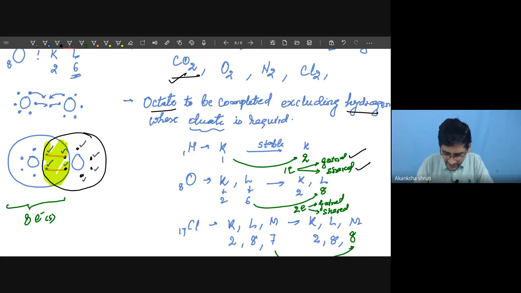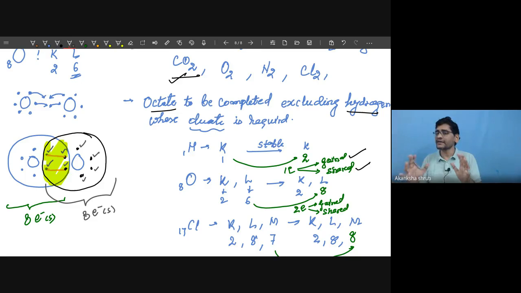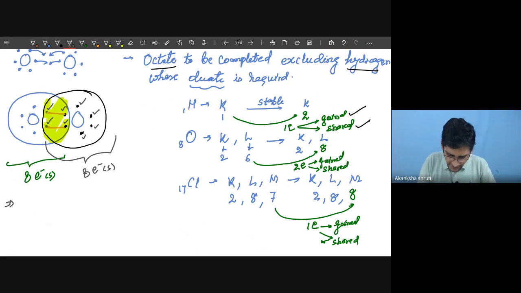So a total of 8 electrons are also available with the right oxygen. So in this way, both oxygen atoms attain the octet configuration.